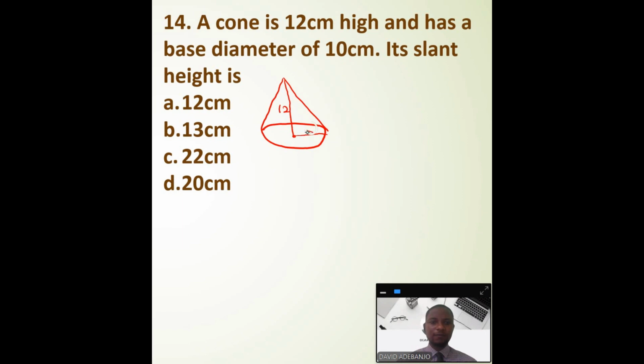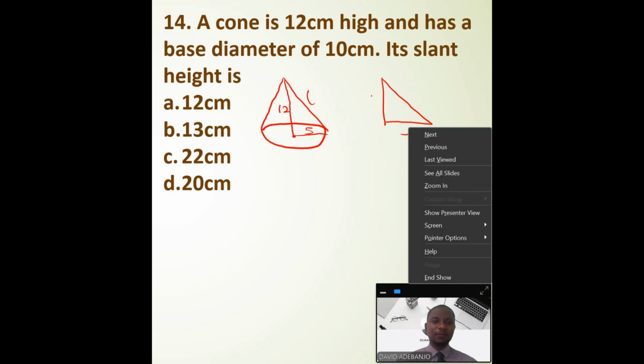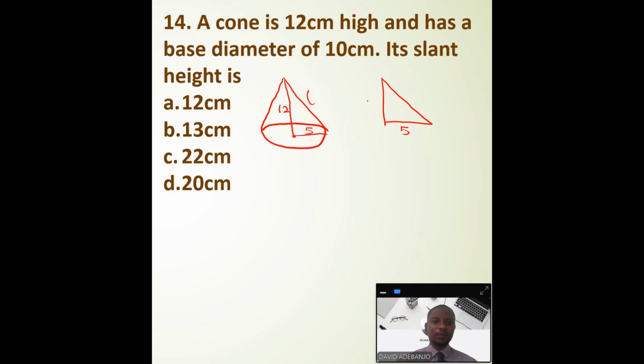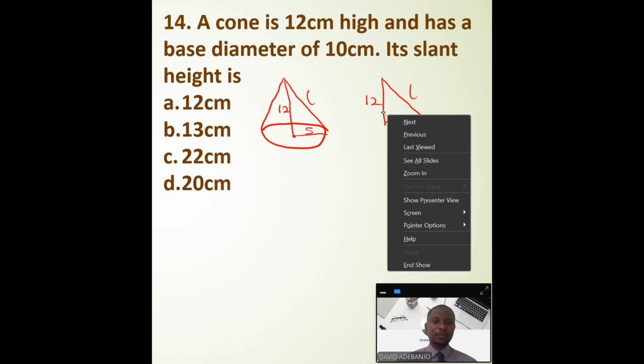That's 5. Alright, so we're looking for the slant height. Just sketch out what is important to you. This is 5 and this is 12 and this is L. So this is a right angle.